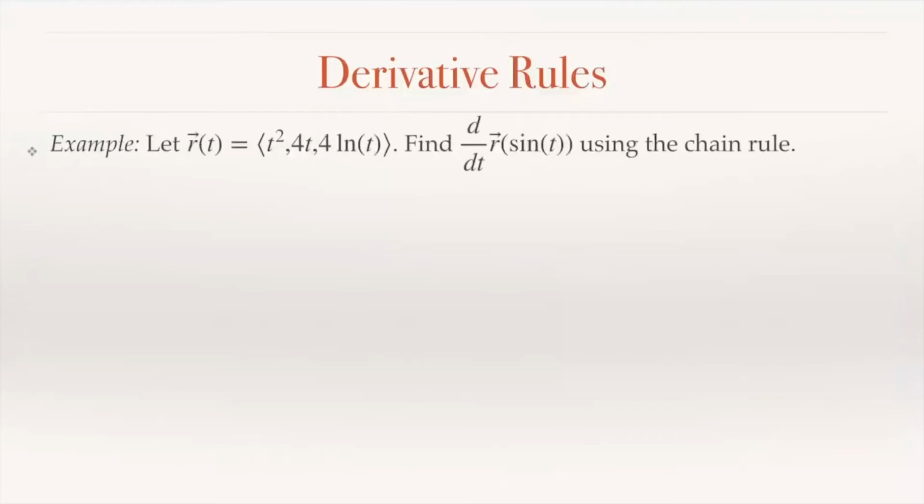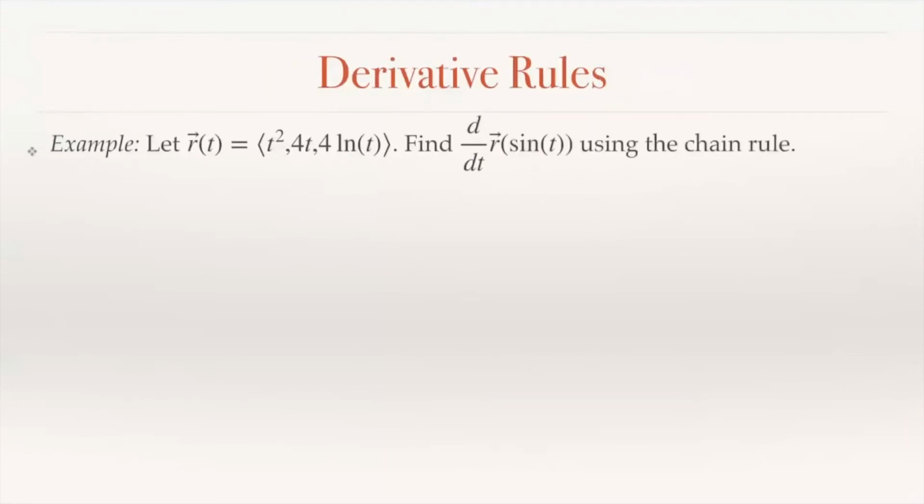So just to illustrate, let's use the chain rule, generalized to vector functions, to find d/dt of r of sine of t. For r of t, this same vector valued function that we just dealt with and found the general unit tangent vector for.